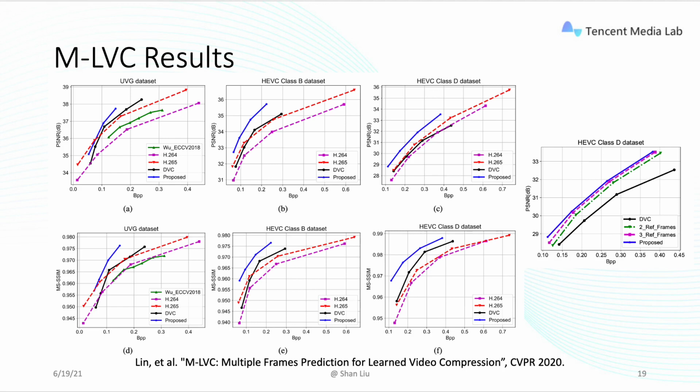It is not surprising to see that the more reference frames used, the better compression performance may be achieved. Here DVC uses one reference frame, and the proposed curve was generated with four reference frames. When the number of reference frames reaches 3 and above, it seems that the additional compression benefit becomes limited.